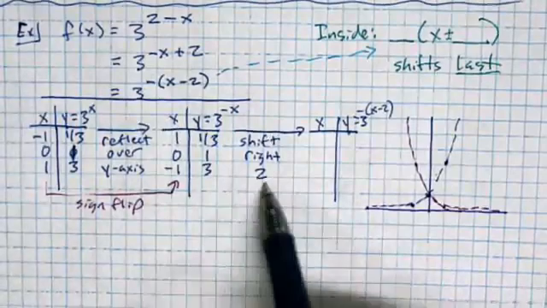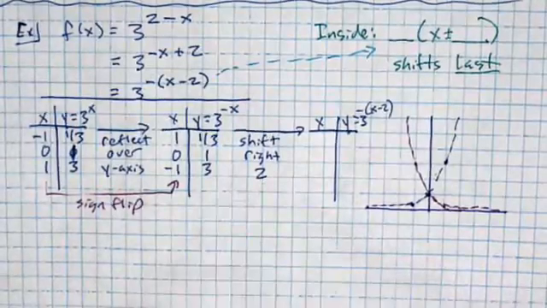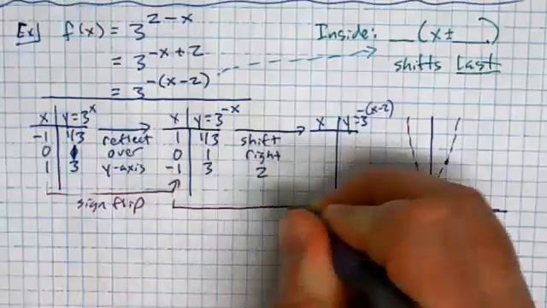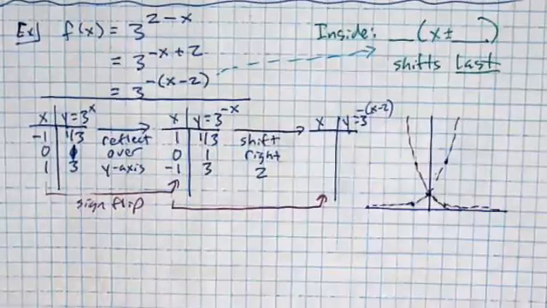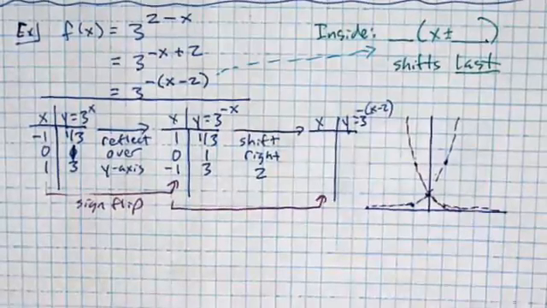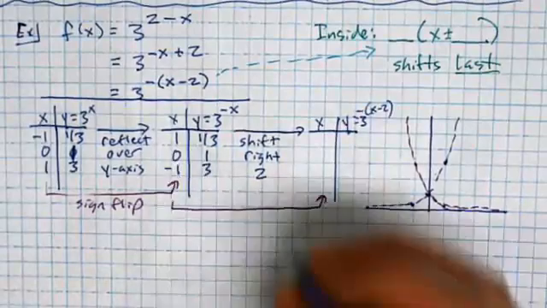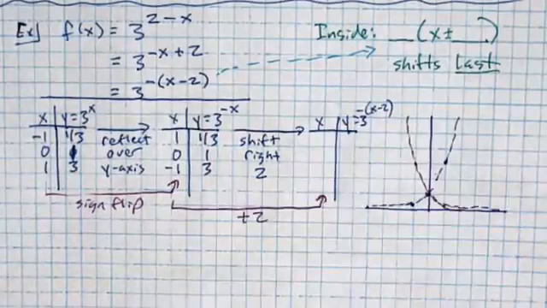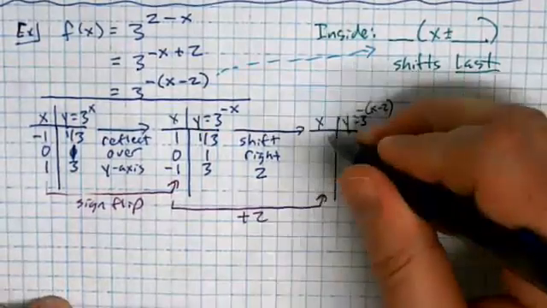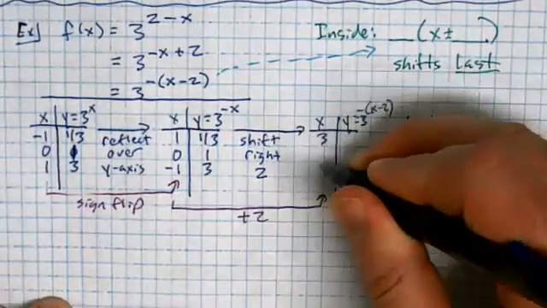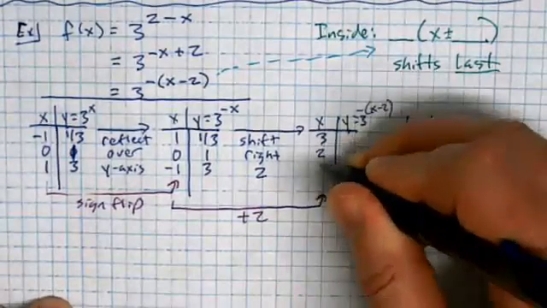All right, if I'm shifting right by 2, then my x coordinates should be changing again. My y coordinates should stay the same. Shifting to the right by 2 is just going to increase all of these by 2. So I'm just going to do +2 to each of my x coordinates. So we get 3, 2, 1.